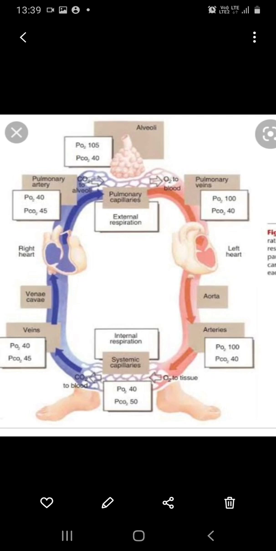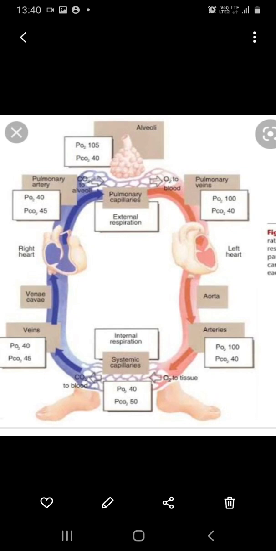The atmospheric pressure is the sum of all the partial pressures of atmospheric gases added together.